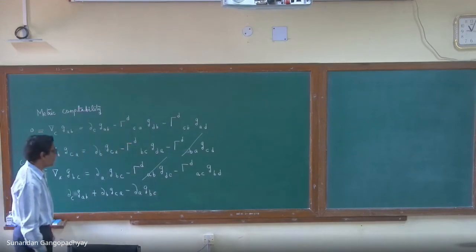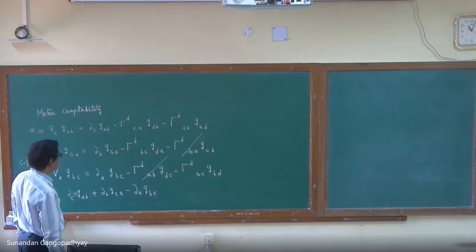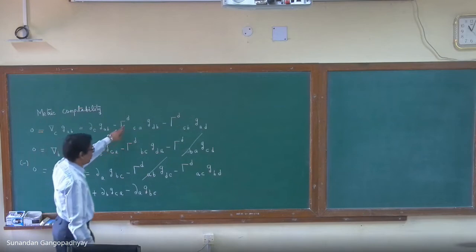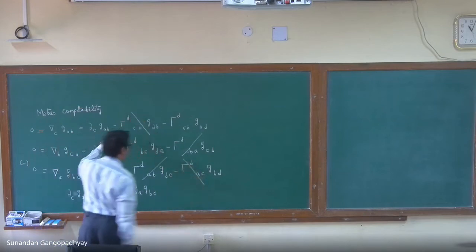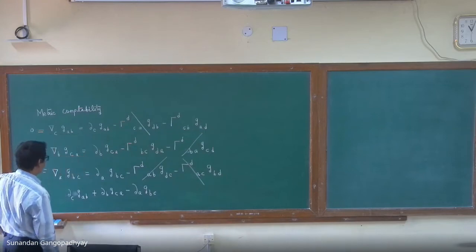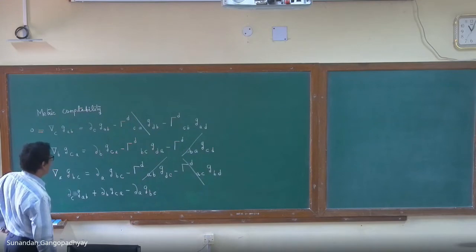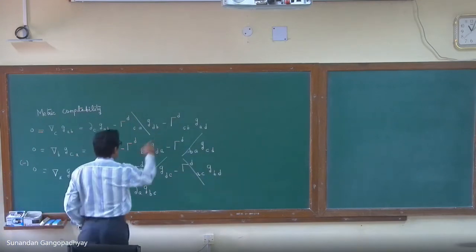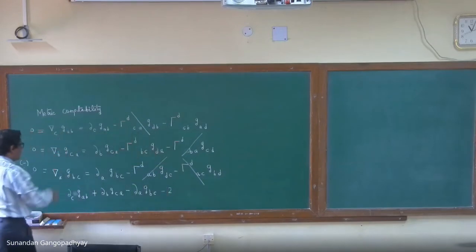And then you can also cancel other terms. Gamma D g_AC g_BD will cancel with this one. This cancels with this thing, and this will just add, because you are adding these two and subtracting this one.